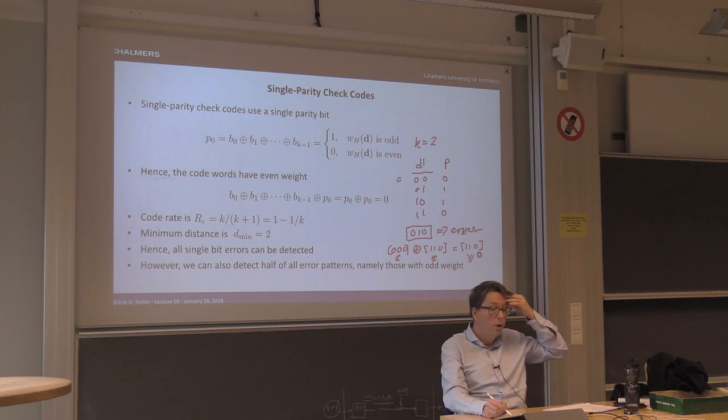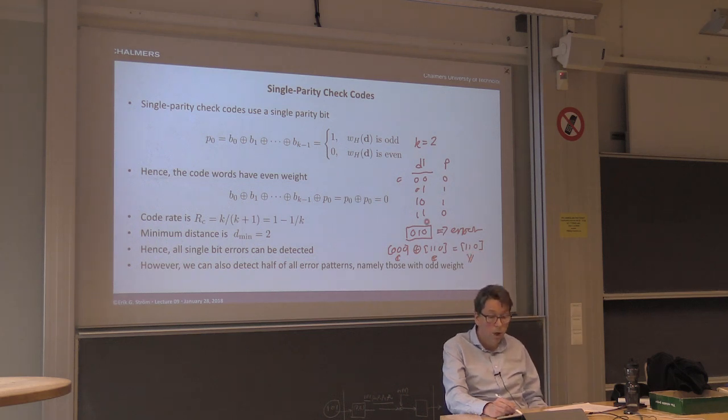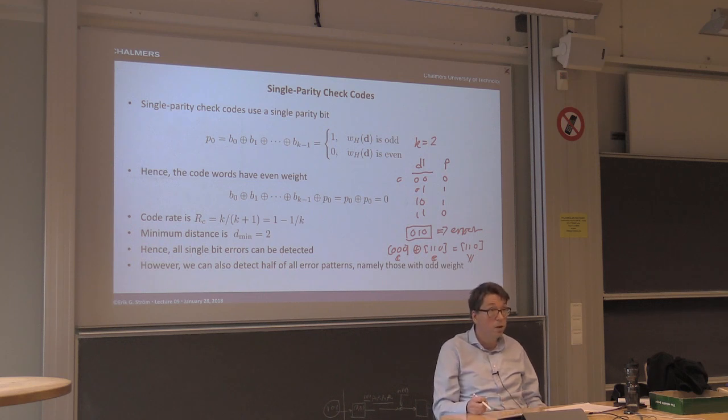No error, exactly, because we have 2 ones here. It looks like a valid code word. We declare no error, but we saw that an error did occur here. So it cannot handle 2-bit errors in the same code word. All of those will lead to undetected errors. Single-bit errors can be detected, but 2-bit errors cannot be detected.